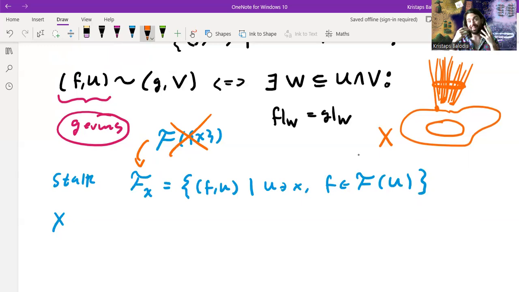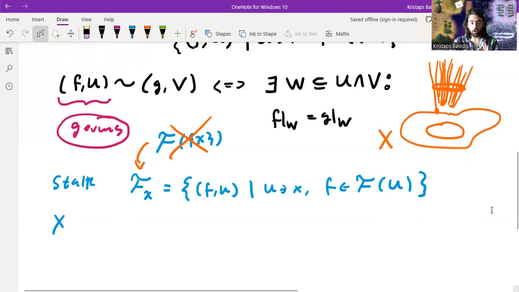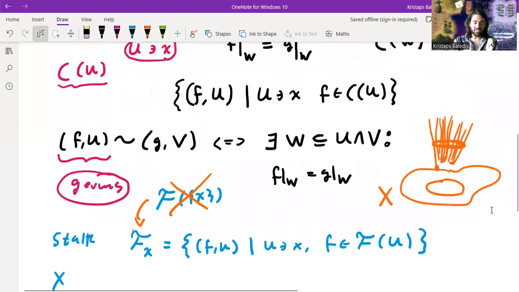So I can't just have continuous functions off of this point, but what I can have is continuous functions on open sets containing that point, and I can define an equivalence relation that says that they're basically going to be the same once I make my open set small enough. Great.